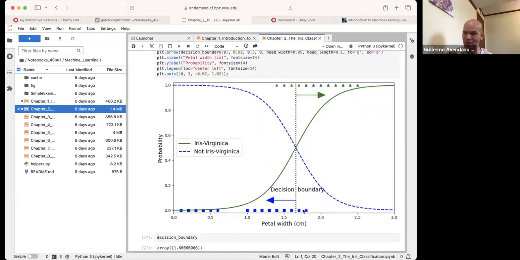So with this, we have points. Those are the points that we found for that single variable. Some of them are here, some of them are here. And we know that all these are Virginica, and all those are from the other two species, so non-Virginica.